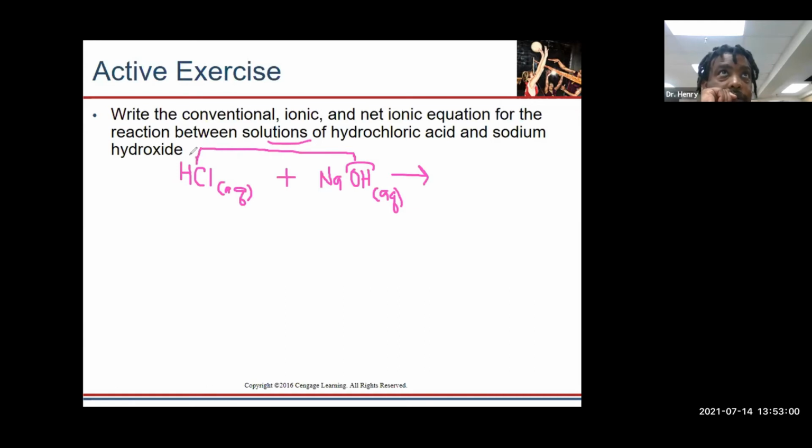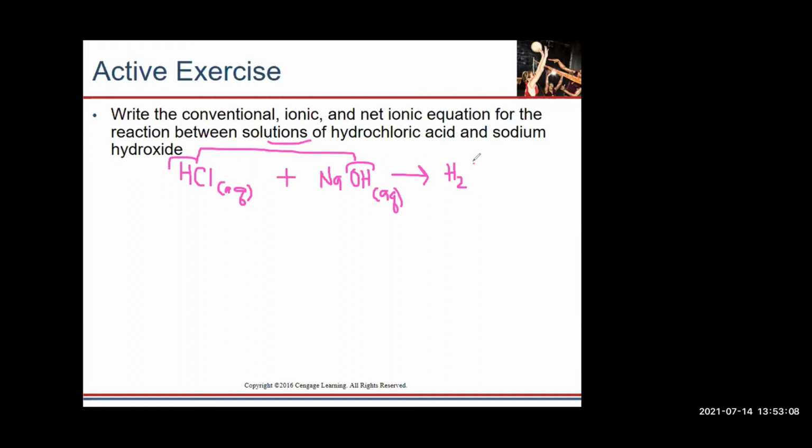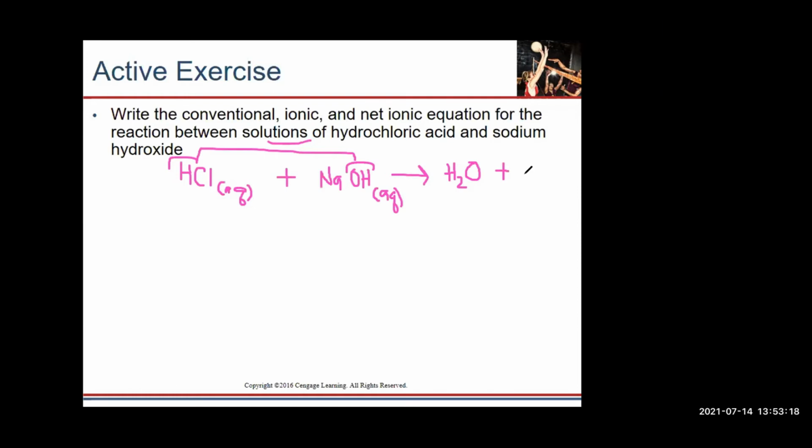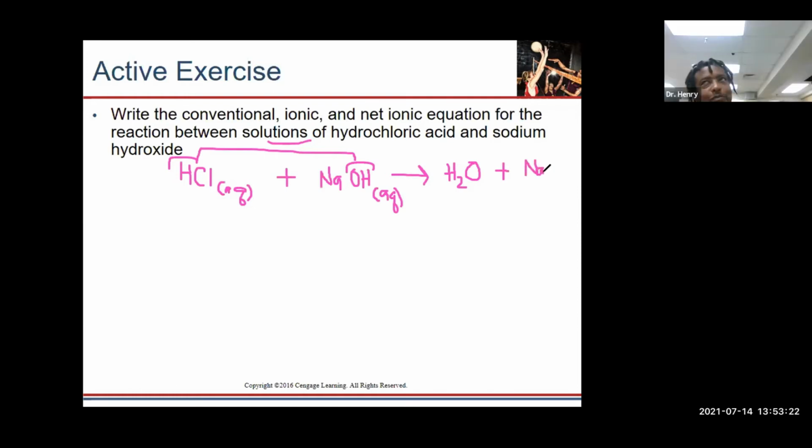It's going to form H2O. So water, solid, liquid, gas, or aqueous? And then the other one's a salt, right? And a salt. Yep, that's right. So NaCl happens to be a salt.